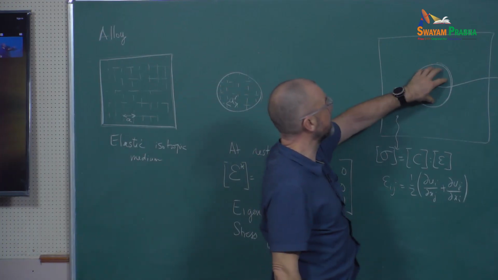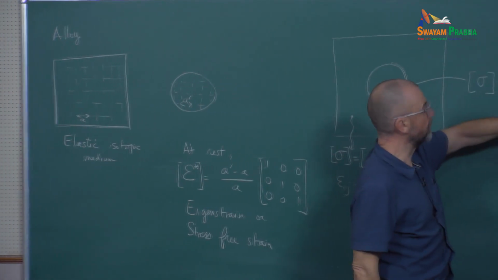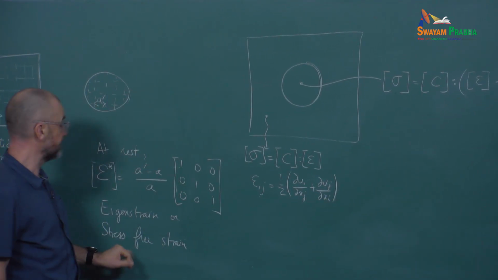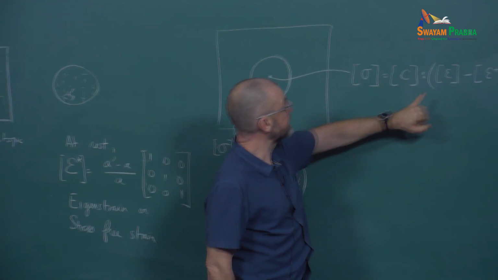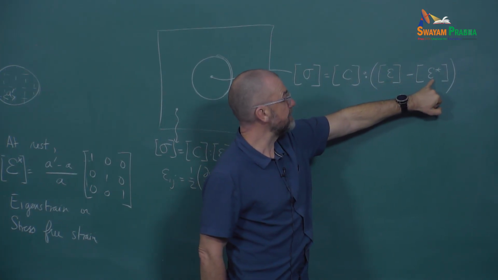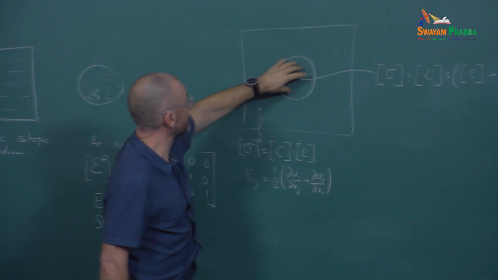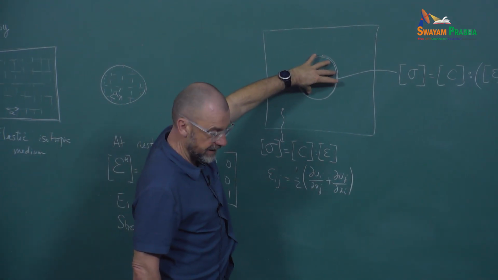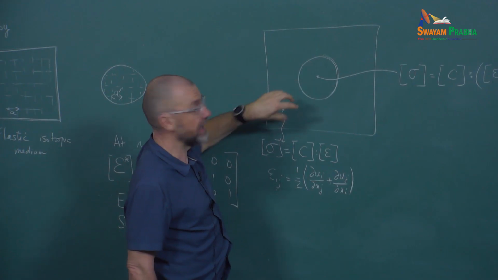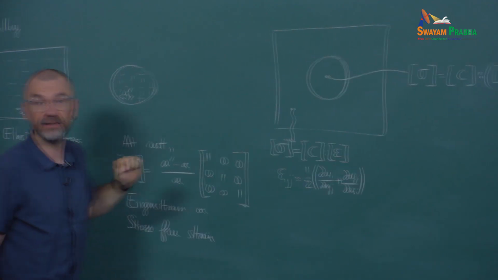So when I am inside the precipitate, to be at equilibrium, or to be at zero stress, and that's why it's called the stress-free strain, the strain has to be equal to epsilon star, the eigenstrain, such that the lattice parameter here will be equal to A prime instead of A as it is outside.